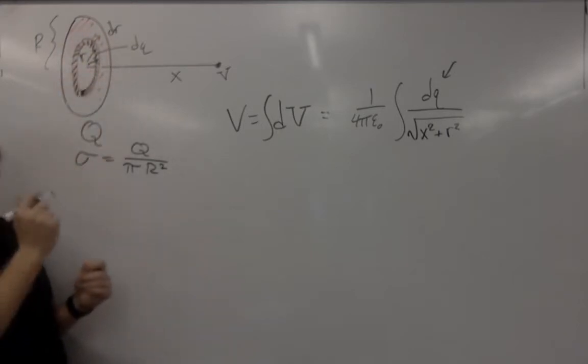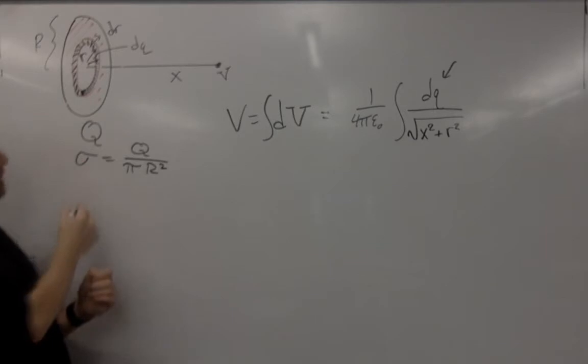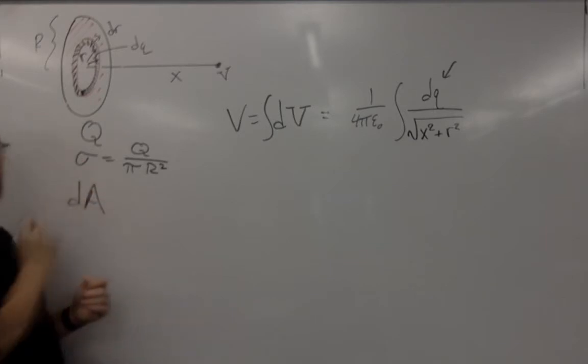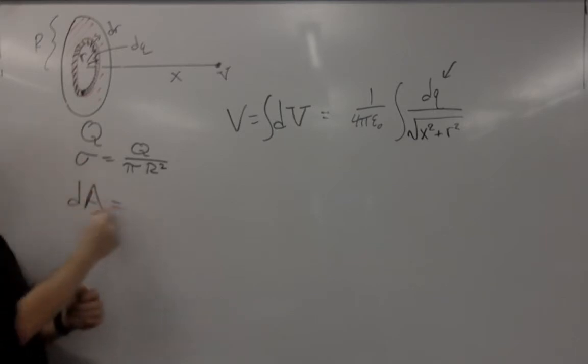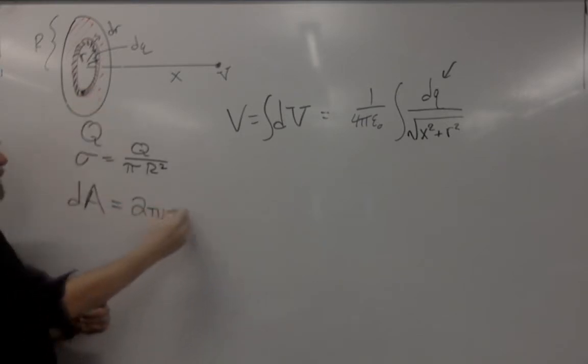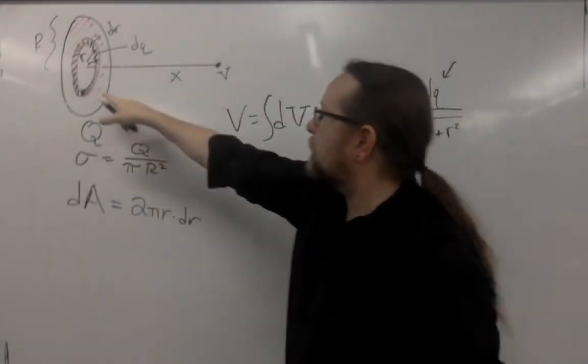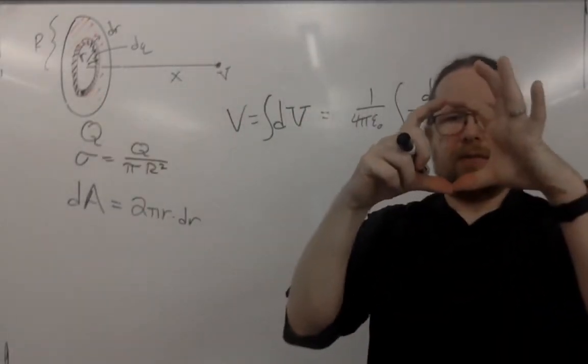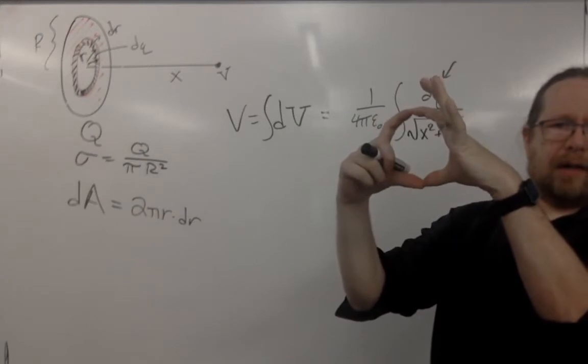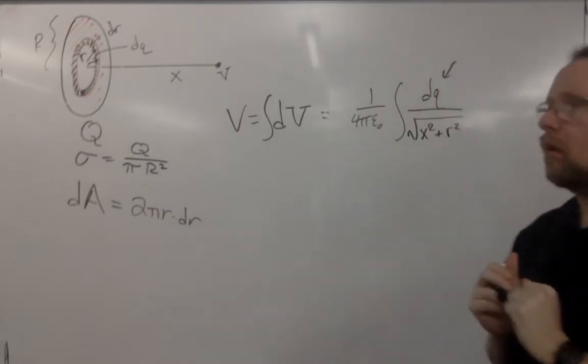The surface area of that thing, which we can call dA, is going to be equal to the circumference, 2 pi r, times dr. The surface area of this little ring is going to be the circumference of that ring, 2 pi r, times a little change in r.